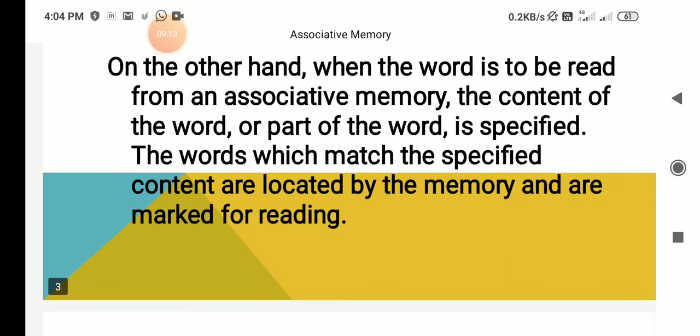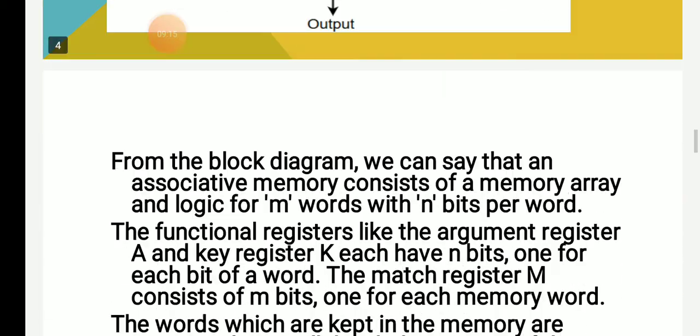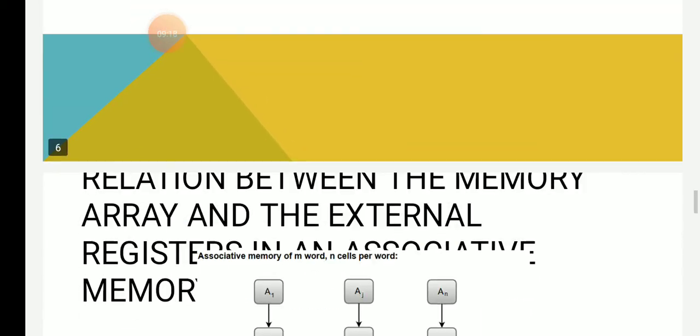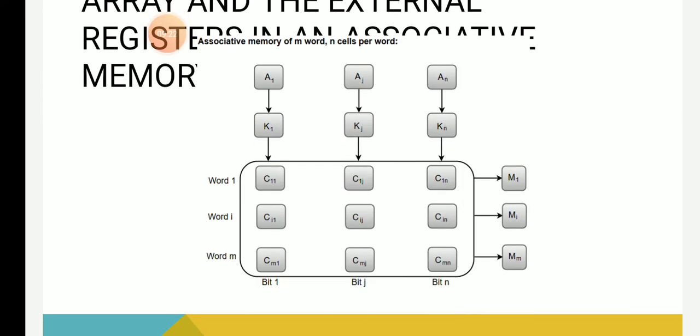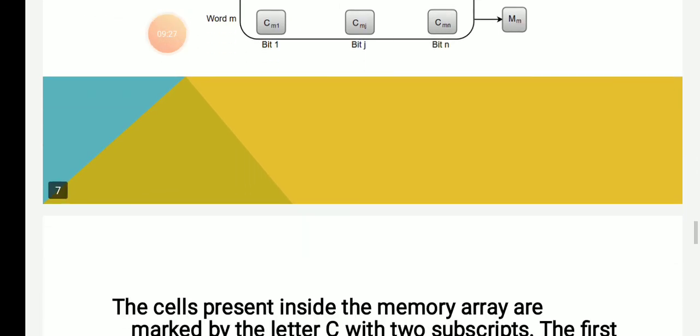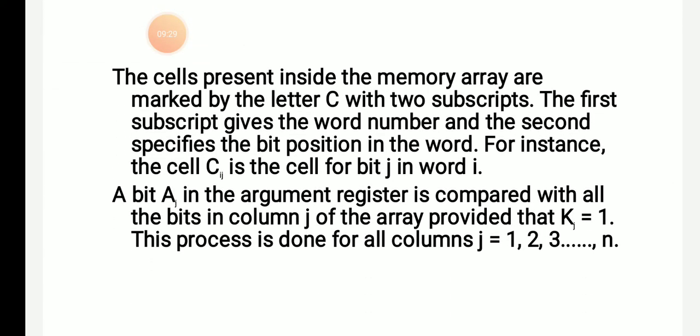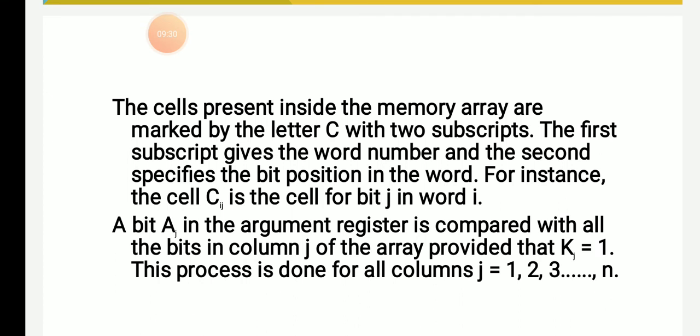Next, you have seen the relation between the memory array and the external register in an associative memory with respect to word and bit, and the match register.